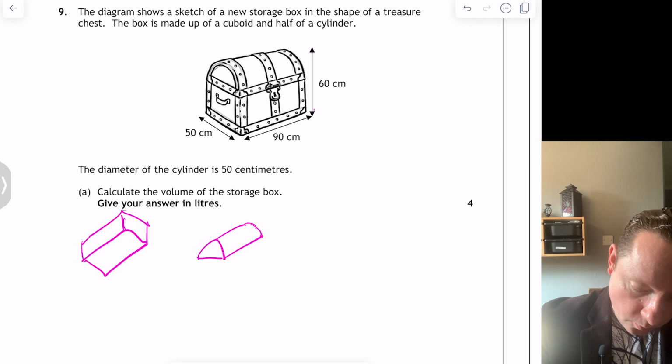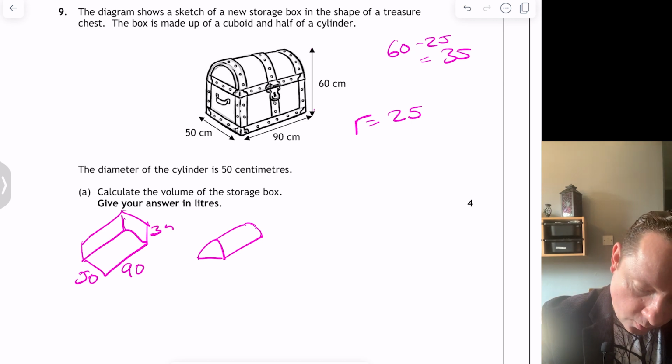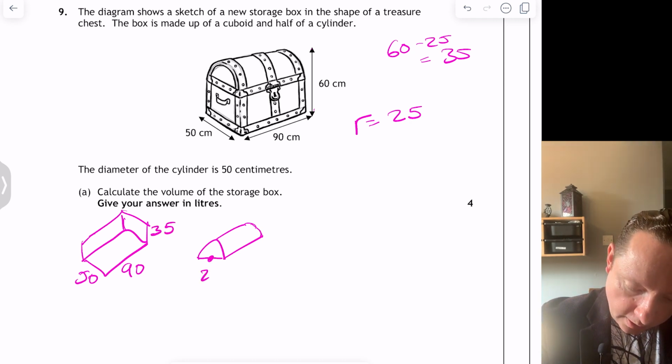Looking at our cuboid, it goes 50 that way, 90 that way, but the height is not 60, because from here to here is the radius. Now, what is the radius? The radius is half of 50, which is 25. So if I do 60 minus 25, I get 35. So that means the height of the cuboid is 35. The radius of this one is 25, and the length along here is 90.